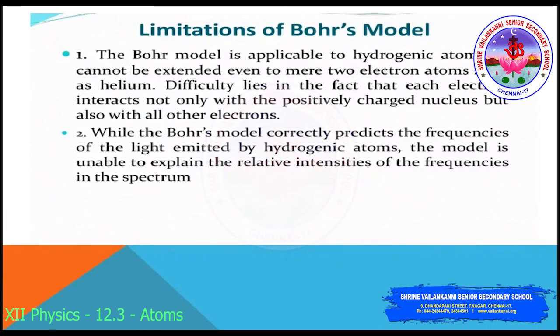The difficulty lies in the fact that the electron interacts not only with the positively charged nucleus but also with the other electrons, and Bohr did not study and derive for that. While Bohr's model correctly predicts the frequencies of the light emitted by hydrogenic atoms, it is unable to explain the relative intensities of the frequencies in the spectrum, as we said.